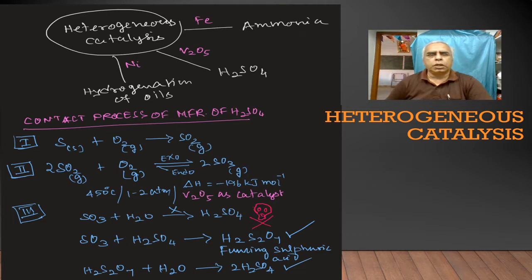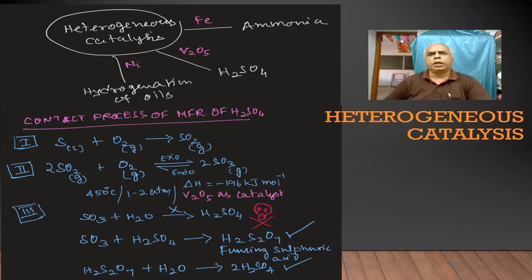Step 2, sulfur dioxide is combined with oxygen to give sulfur trioxide, 2 moles of sulfur trioxide. Its delta H value, enthalpy, is minus 196 kilojoule per mole. It means it is exothermic, whereas the reverse process is endothermic. So this is the equilibrium.